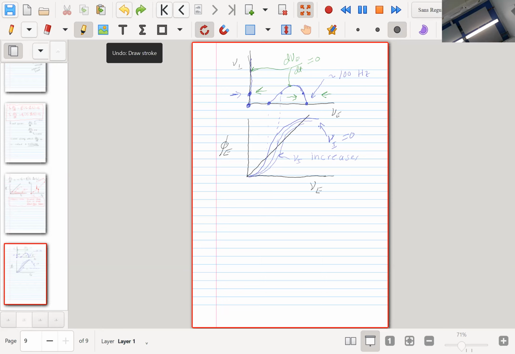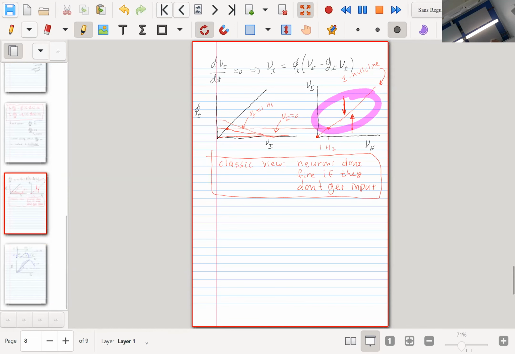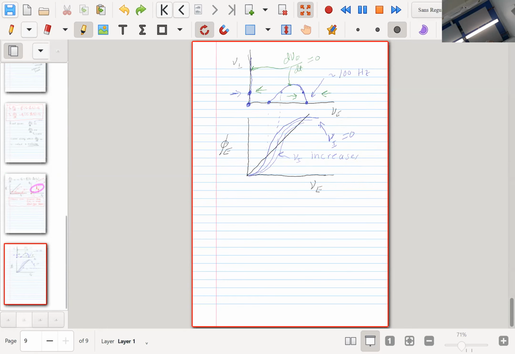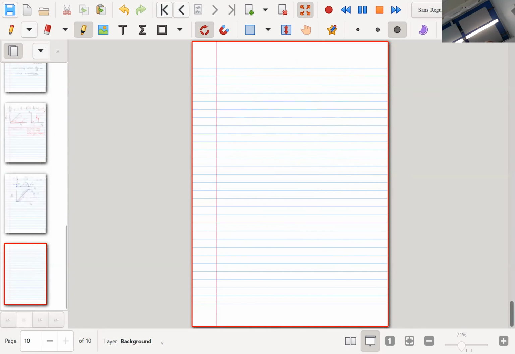So we can now combine our excitatory and inhibitory nullclines. This is the excitatory one, and this is inhibitory. We don't really know much about the details, but we know the generic shapes. So we now combine them on the same graph.